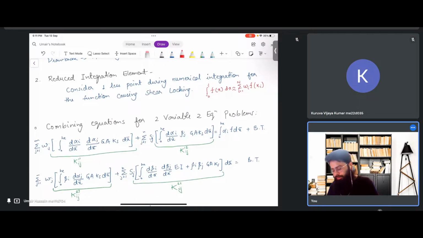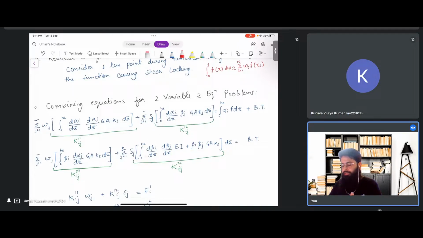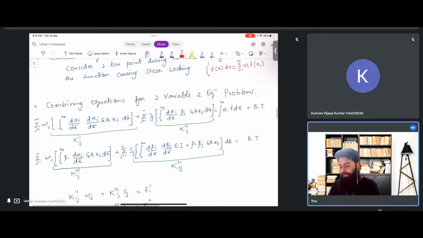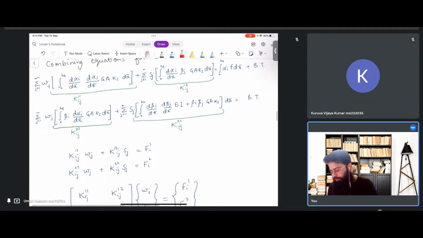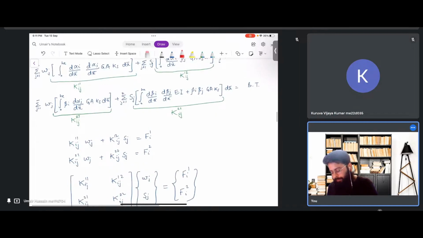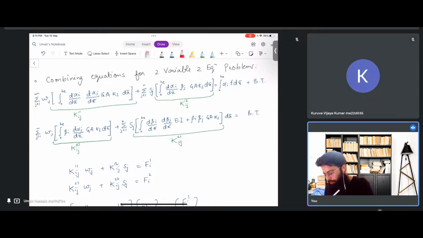For coupling the algebraic equations for coupled equations, we do the following. We have the coefficient of the first variable in the first equation, this is k_ij11, and we take the coefficient of the second variable in the first equation.